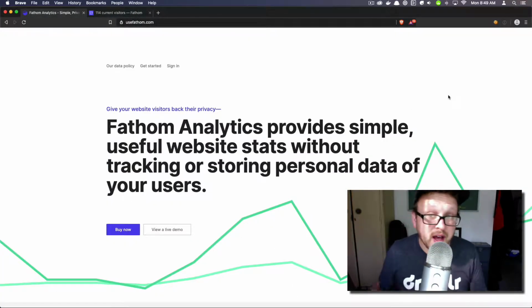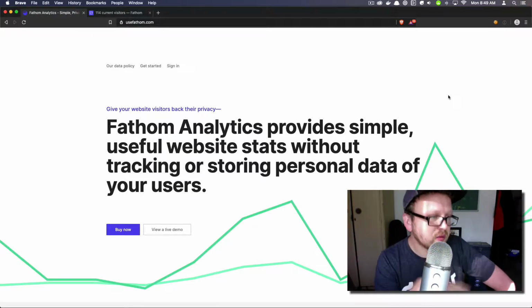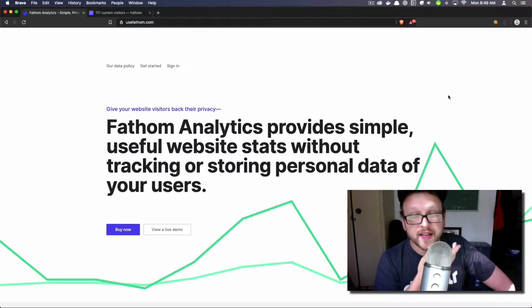I build a lot of landing pages. As a matter of fact, I'm working on a startup to help people host their HTML websites. And one of the things that I really hate about statistics is Google Analytics. Google Analytics is built for big enterprises.